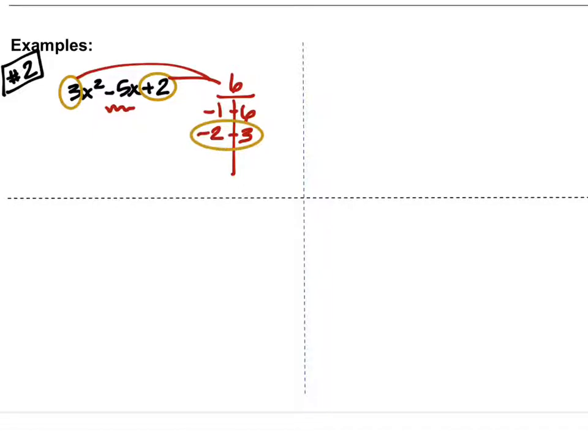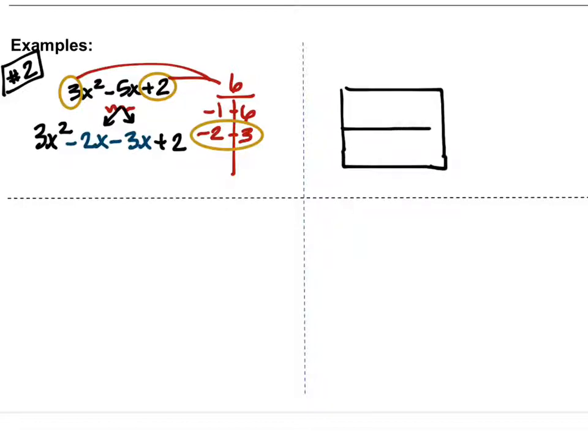And in fact, negative 2 plus a negative 3 is going to give me, when I add, that negative 5x. So I'm going to replace the second term, so 3x squared minus 2x minus 3x, and in that blue is that second term replacement. Now I'm going to place these 4 terms into my visual FOIL box.